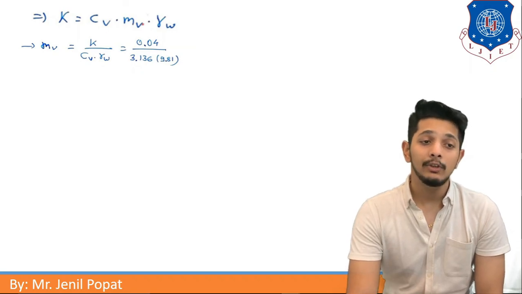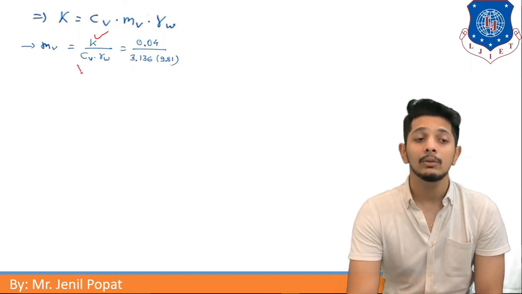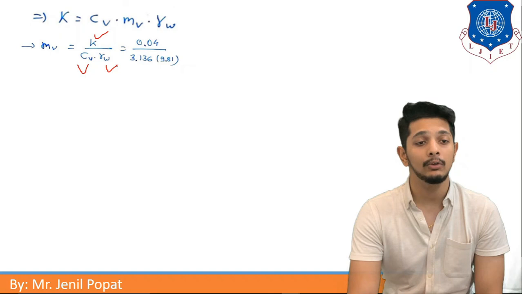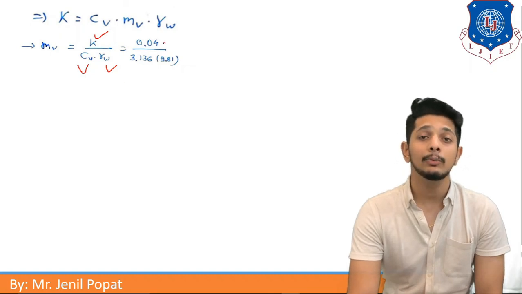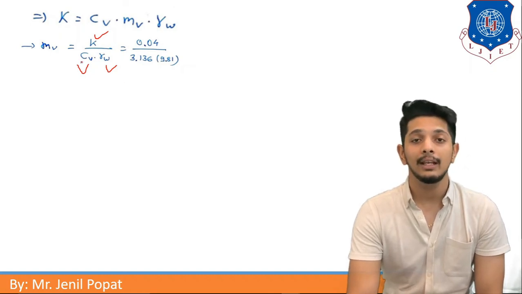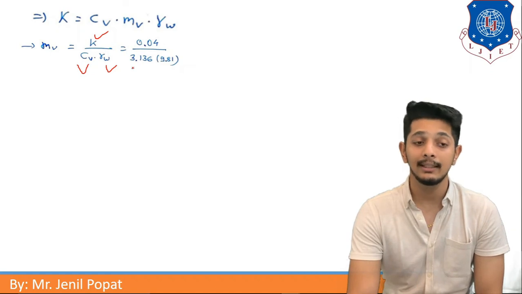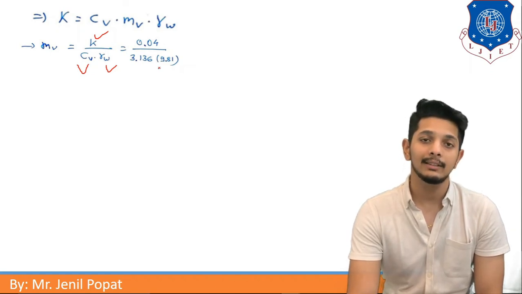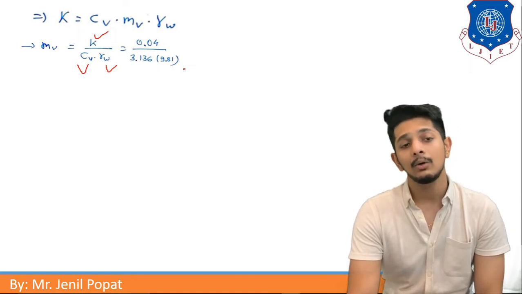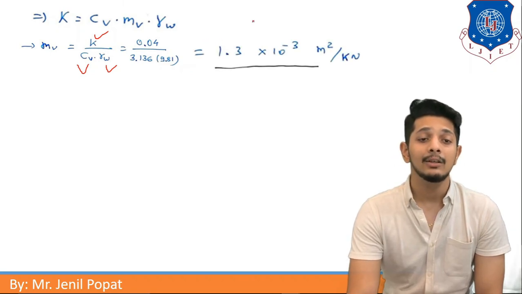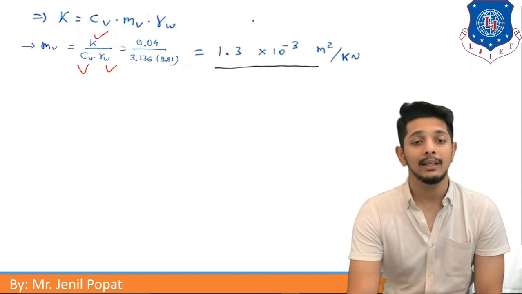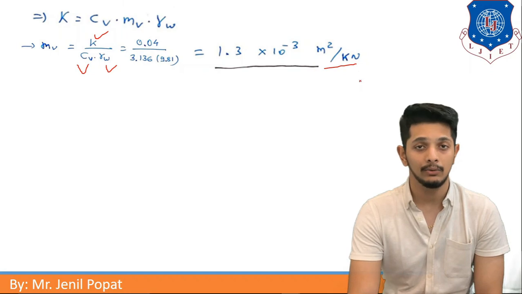Now for MV we can put K value, CV value as well as gamma W value. K value is 0.04, CV value is 3.136 and gamma W is given as 9.81. Now the MV answer is 1.3 into 10 raised to minus 3 meter square by kilonewton.